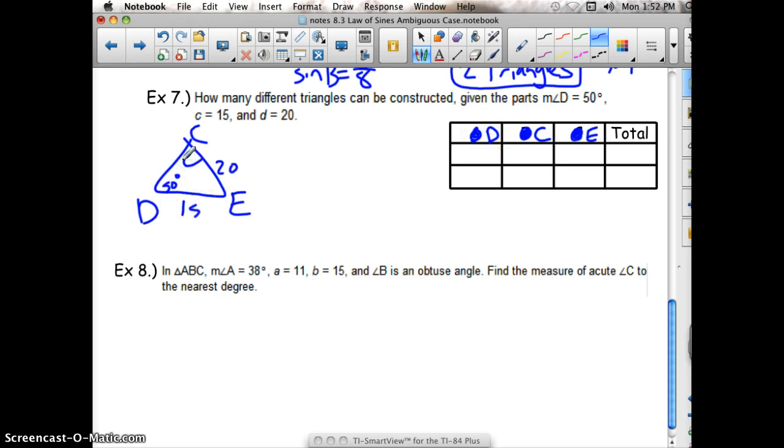I'm going to be able to find angle C. So 15 over sine of C equals 20 over sine of 50.